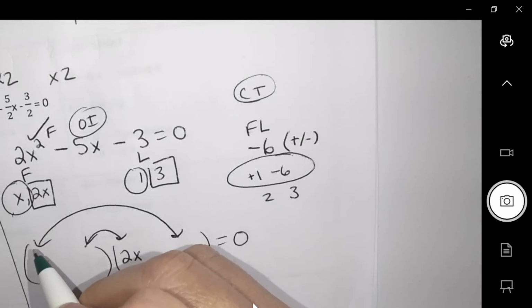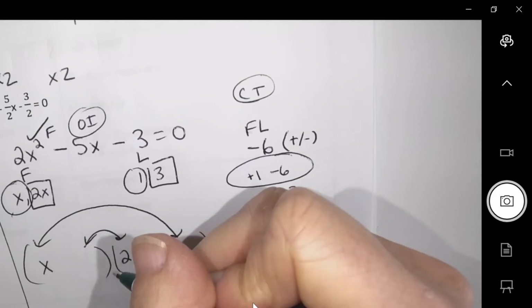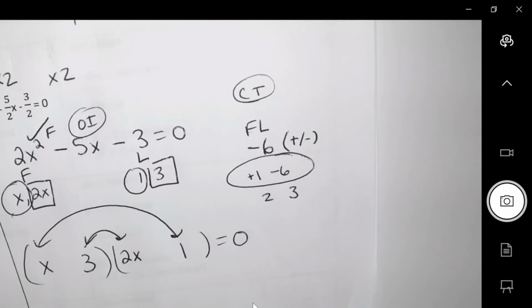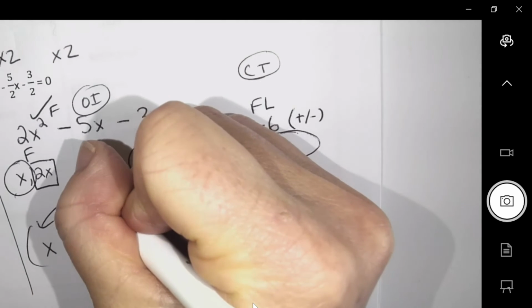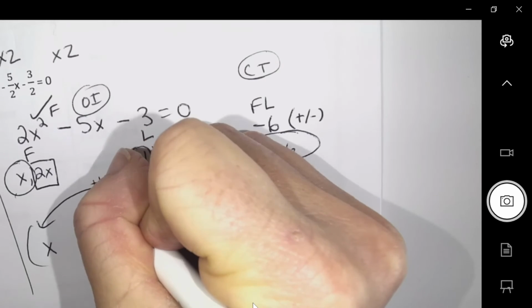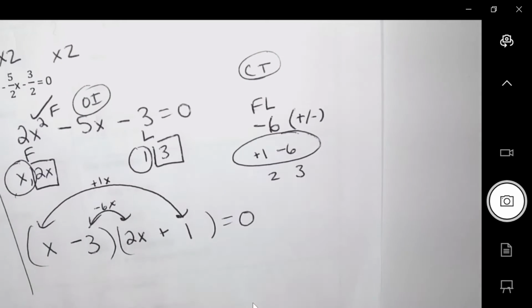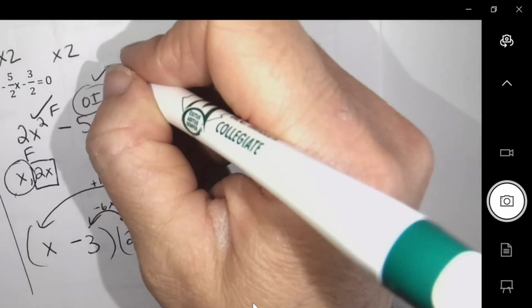So we made 1 with a 1 and we made a 2x with a 3. Those were our partners. So I have a 1x and a 6x. I need a plus 1x and a minus 6x. So there's the O, the I, check.